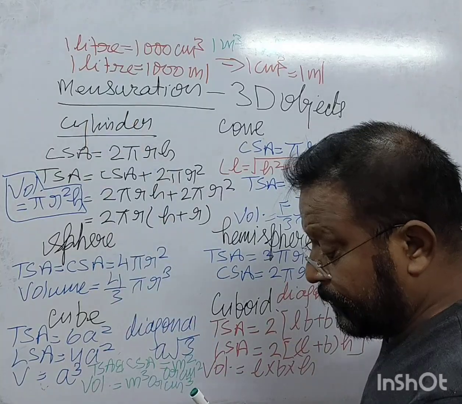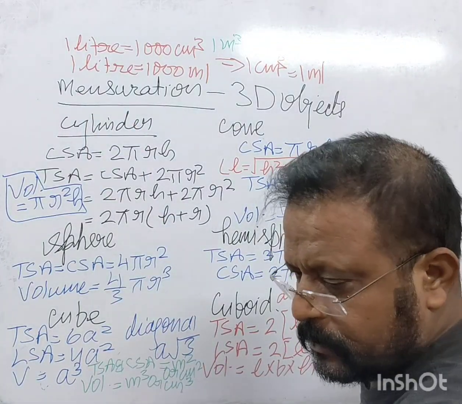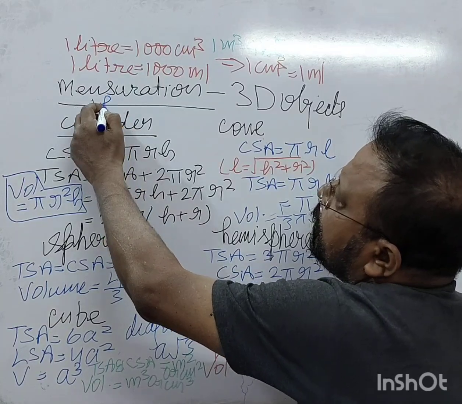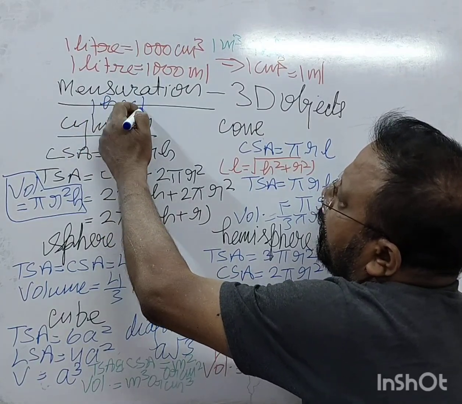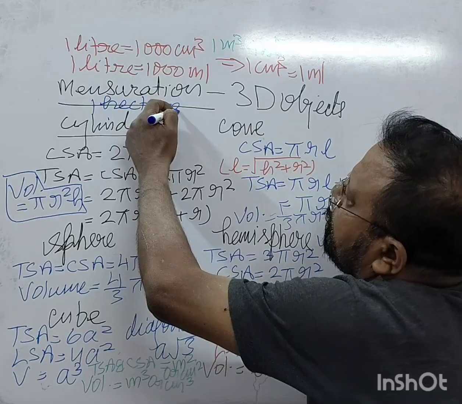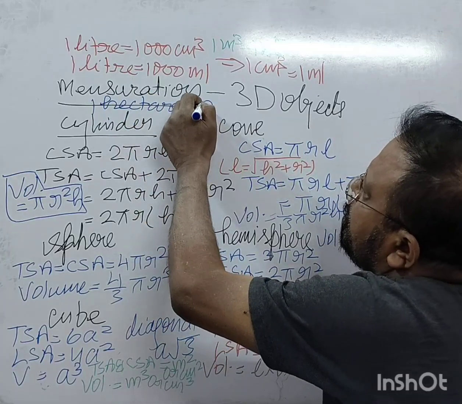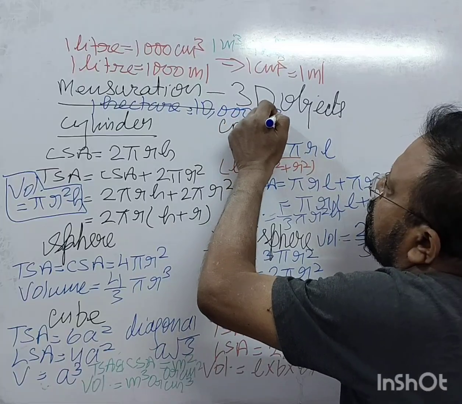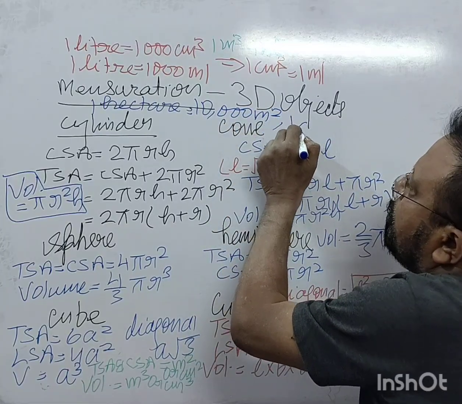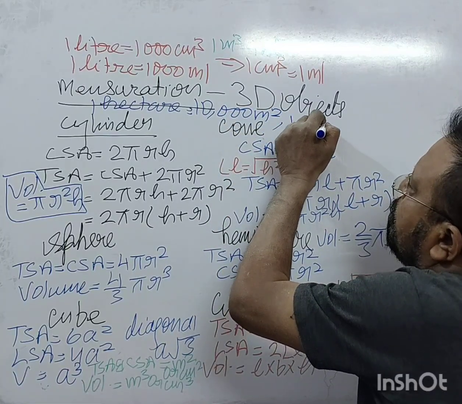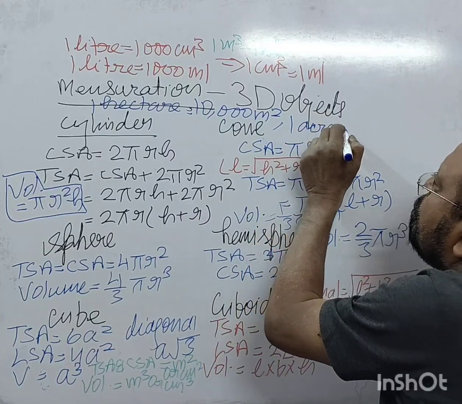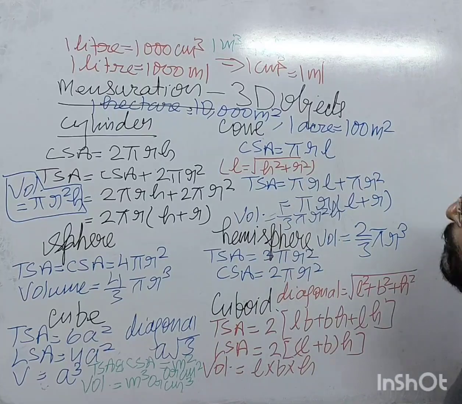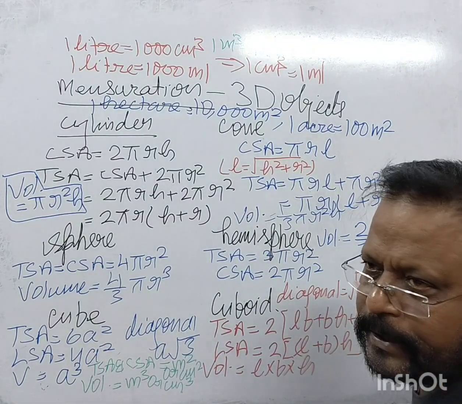And most important is 1 hectare. 1 hectare is equal to 10,000 meter square, and 1 acre is equal to 100 meter square, right?